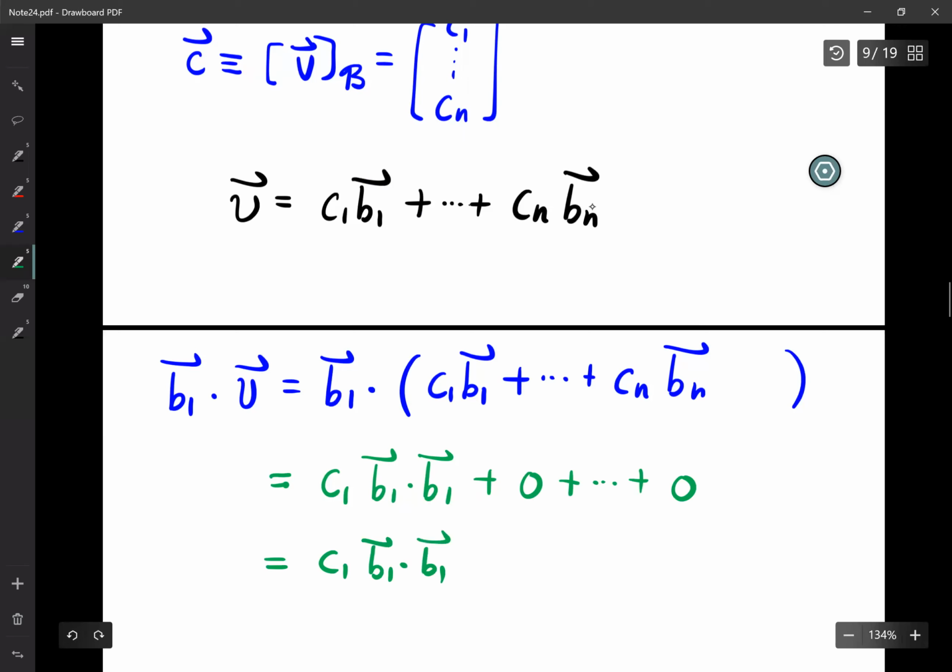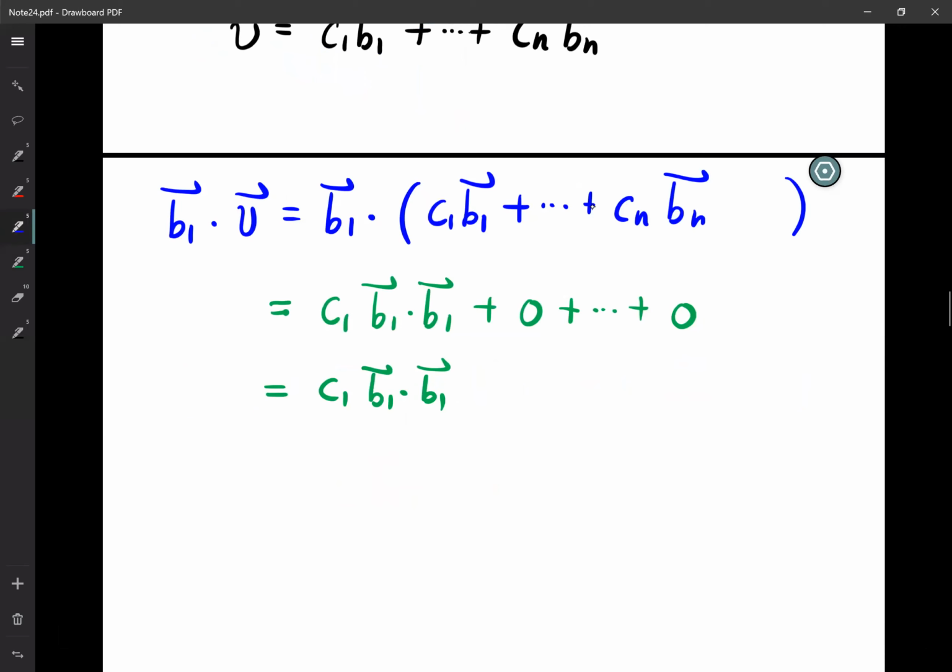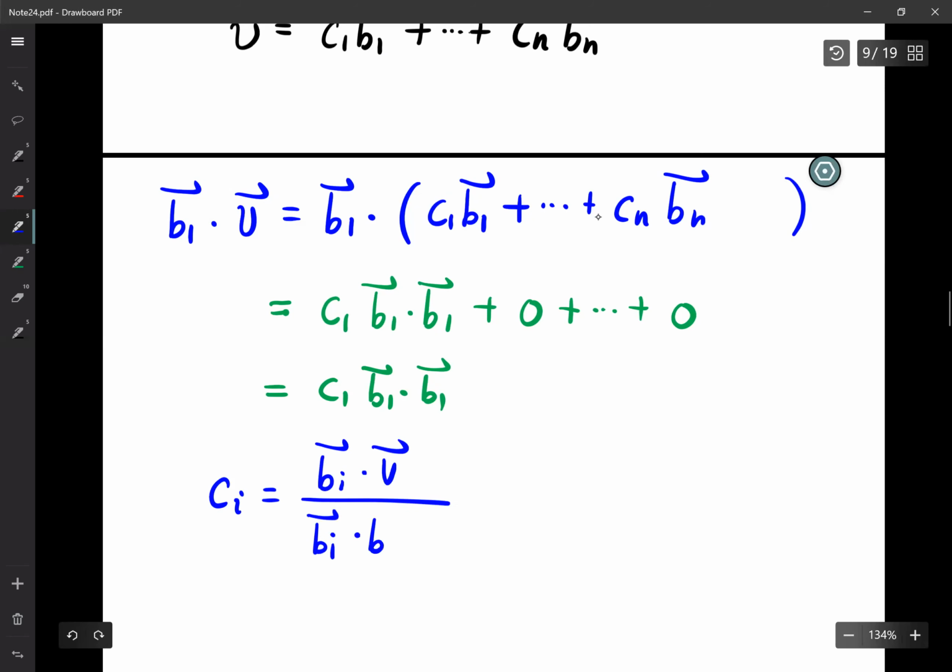So I can apply the same technique to all components. Therefore, I have a Ci for any i, equal to Bi dot V divided by Bi dot Bi. And these are two numbers, and i is from 1 to n.